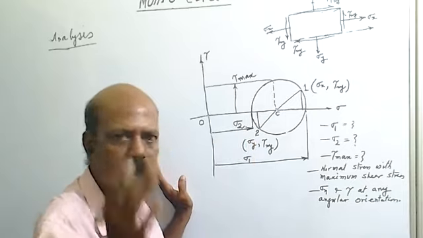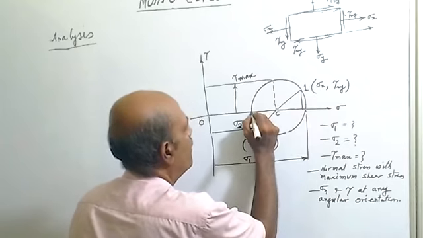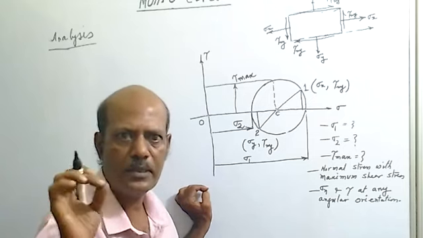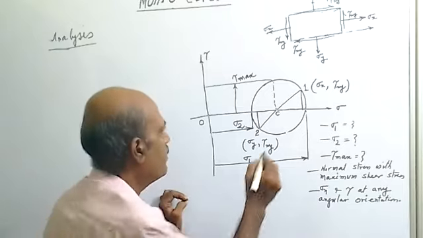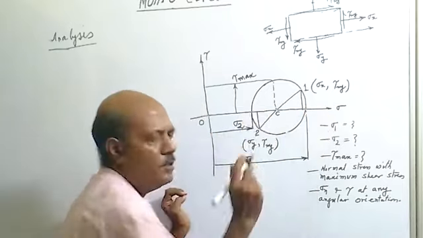Now from the circle it is seen this point and this point, where the circle is intersecting the sigma axis, tau value will be 0. That means this point and this point indicate the principal plane.